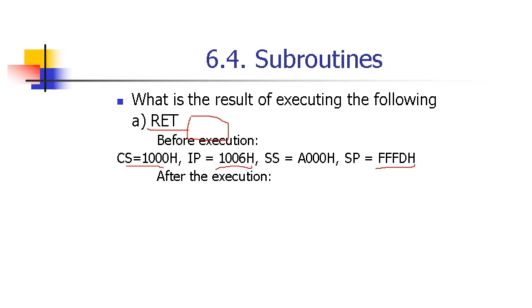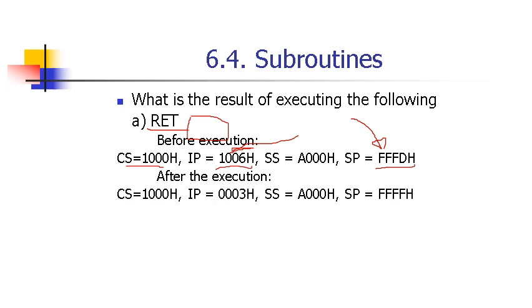Return will go first to the stack and get 16 bits from the stack, so the SP goes back to its original value, and your IP resumes the old value of 0003. This is now your new IP, and this is your new SP.